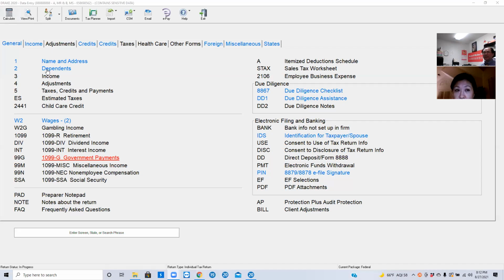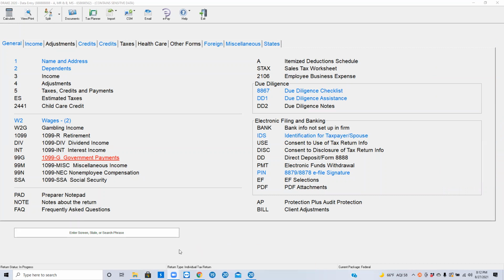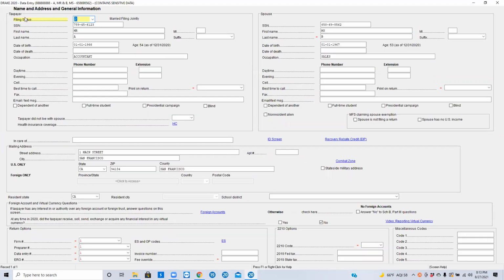Now, here is the tax software. It's the trade tax software. In this tax software, this is the place where you are inputting the filing situation.